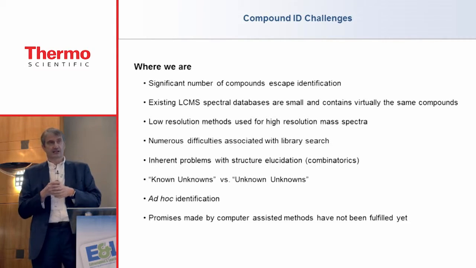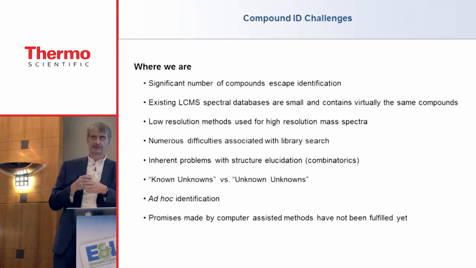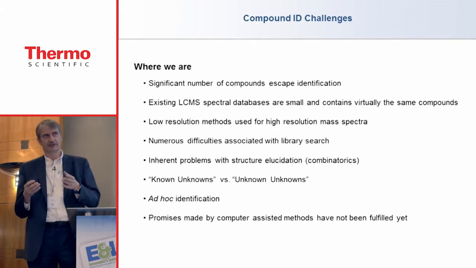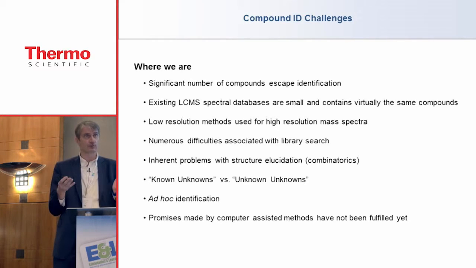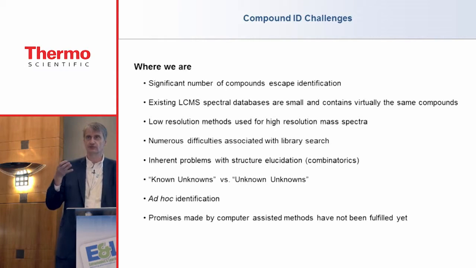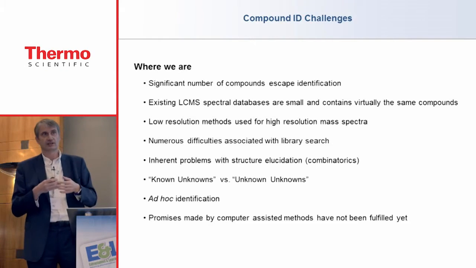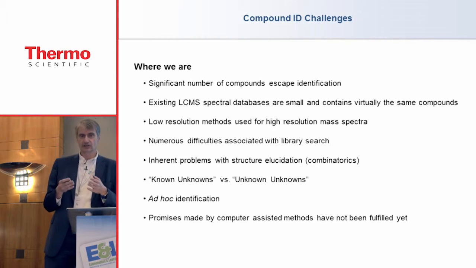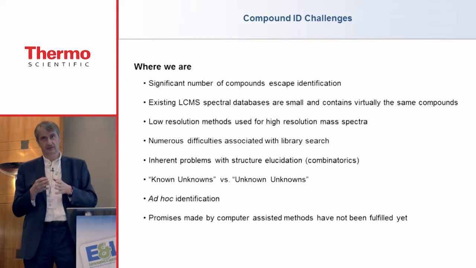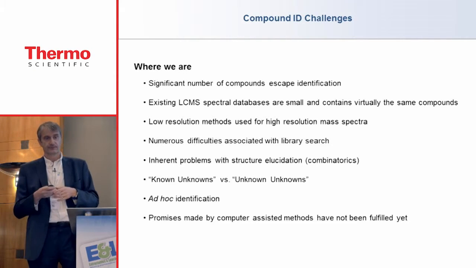Another problem is ad hoc identification. It's extremely difficult to identify a compound if your colleague provides you a sample and says, tell me what's inside, without knowing the context. Where is the sample coming from? What's the history of the sample, and so on? Identifying compounds without additional information is very difficult, if not impossible.